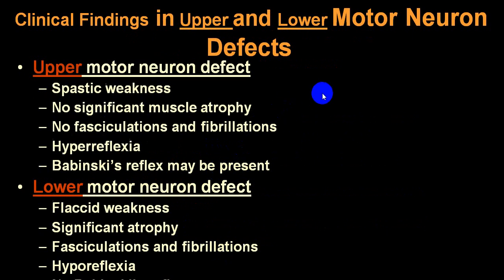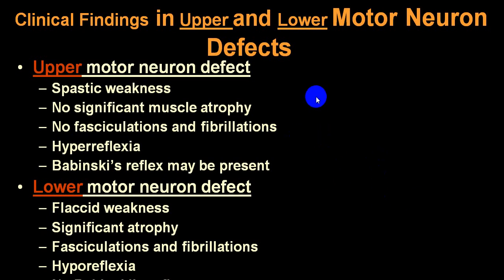And you will have two groups of symptoms and signs: upper motor neuron defects and lower motor neuron defects. In lower motor neuron defects, there is flaccid weakness, atrophy, fasciculation, hyporeflexia, and Babinski will not be demonstrable because there is no upper motor neuron damage. If there is a damage at the level of S1, the plantar reflex will be absent.